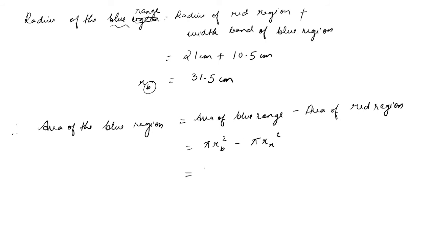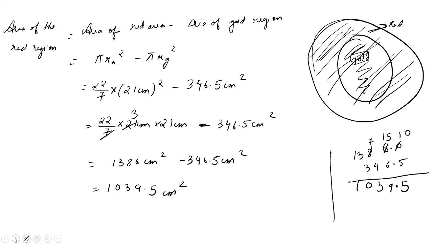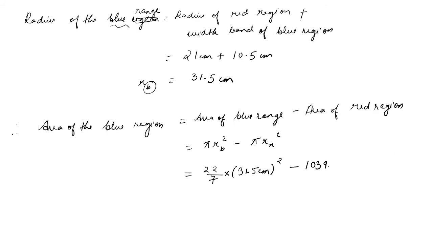So this becomes 22 by 7 into 31.5 centimeter, the whole thing square, minus 22 by 7. You don't have to find this value because we have already found it out. So let's save time and write this as, what was that value? 1039.5 centimeter square. So you quickly find the value of this, 22 by 7 into 31.5 centimeter into 31.5 centimeter minus 1039.5 centimeter square.